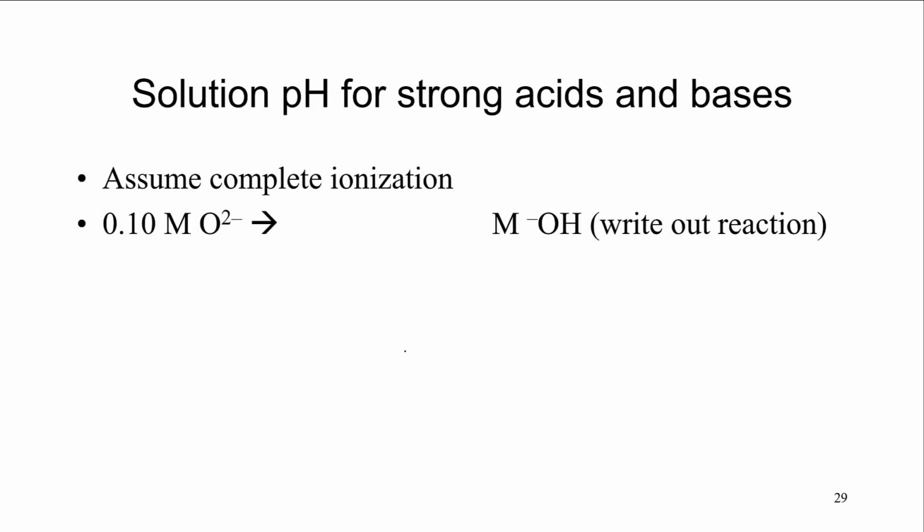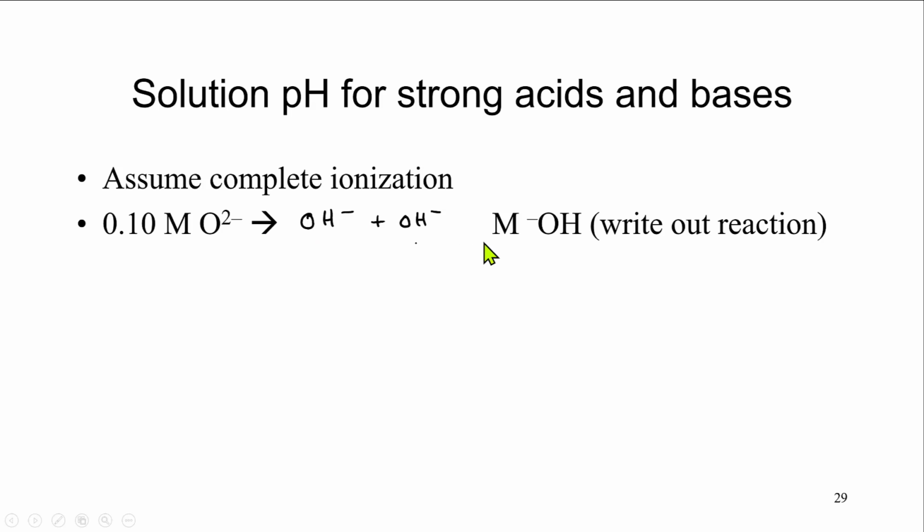But oxide's different. If you take oxide and you combine it with water, we already saw that it made OH minus plus OH minus when combined with water. So what does that mean, right? That means for every mole of oxide, I get 2 moles of hydroxide.